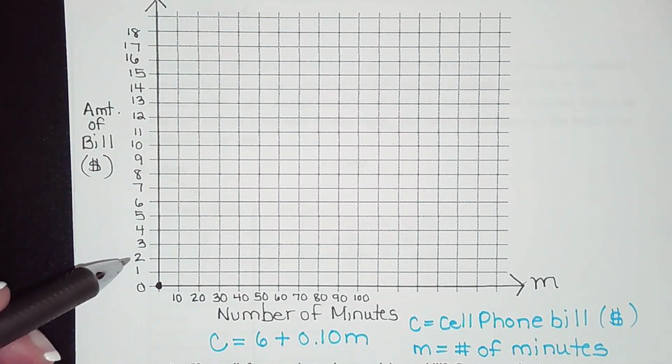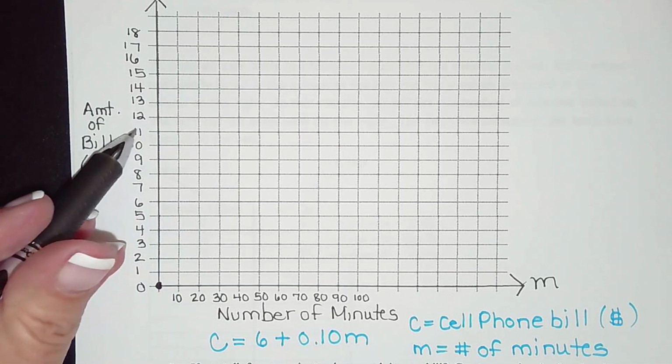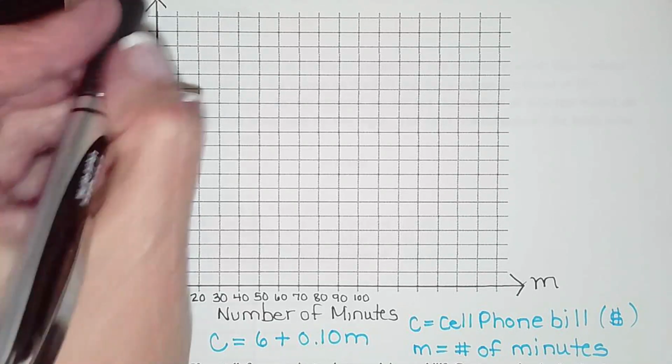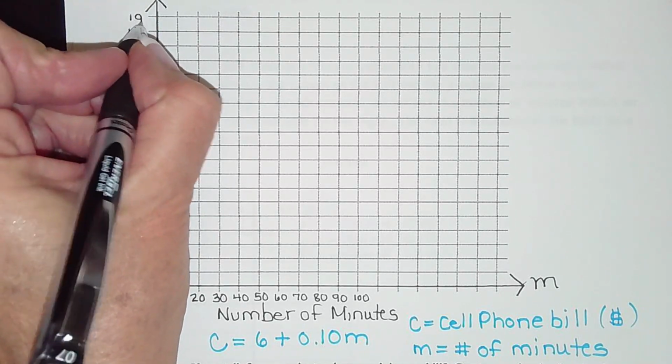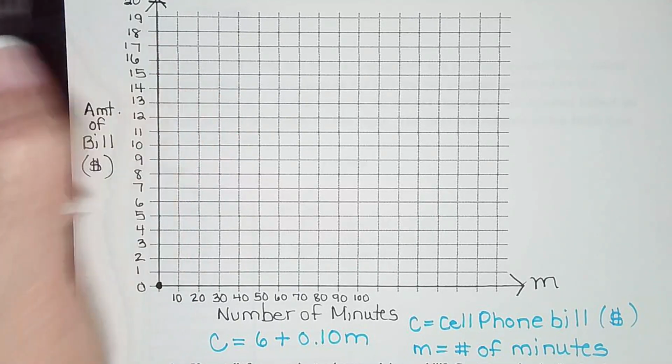Did I miss something? 6, 7, 8, 9, 10, 11, 12, 13, 14, 15, 16, 17, 18. Okay, I guess we got to draw one more in.